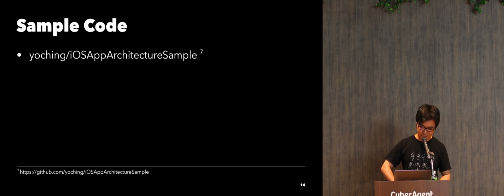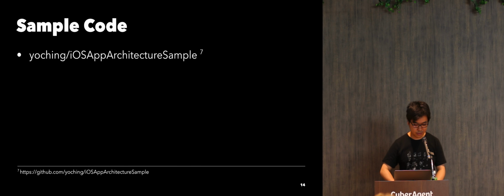So in the case of MVVM, the view model conforms to the protocol, and when the button is tapped, the view controller calls a view model method, and when the method is called, it executes the closure with the route. It's very simple. So each view controller doesn't know any other view controllers, and it's isolated.